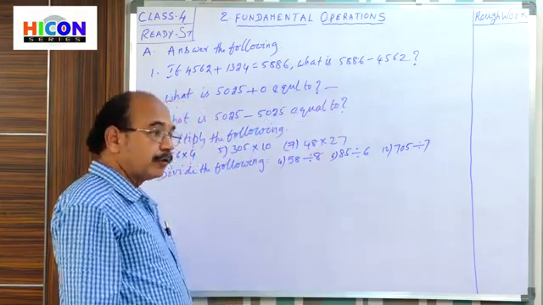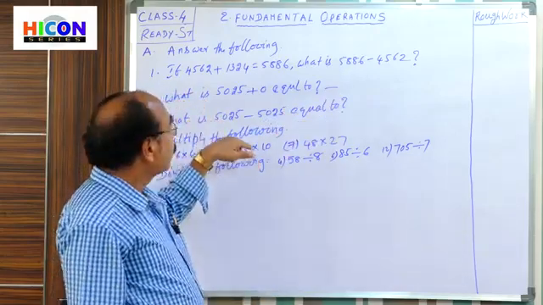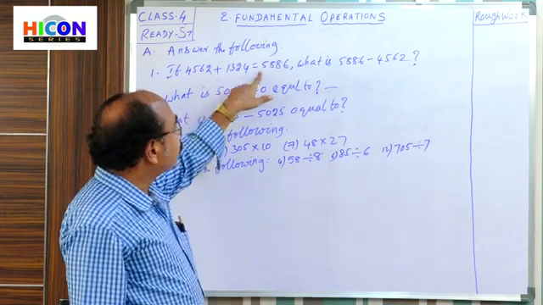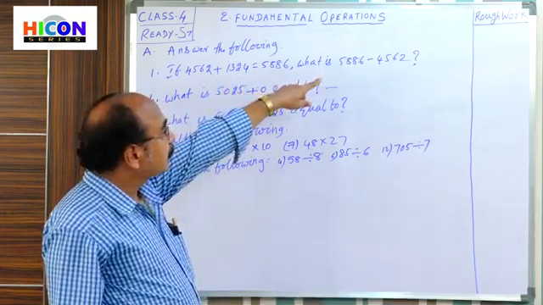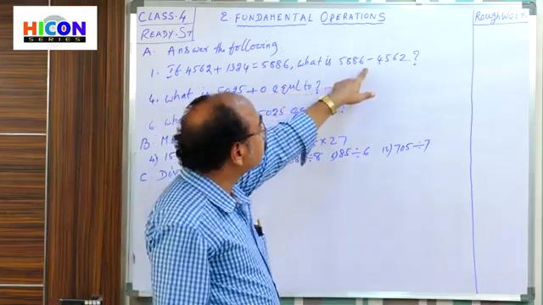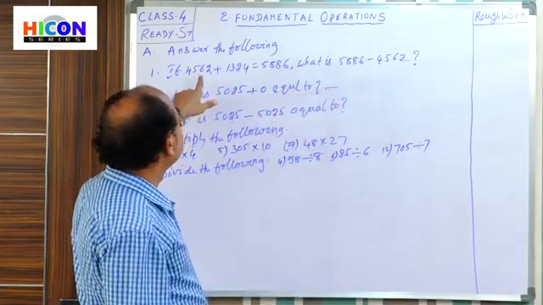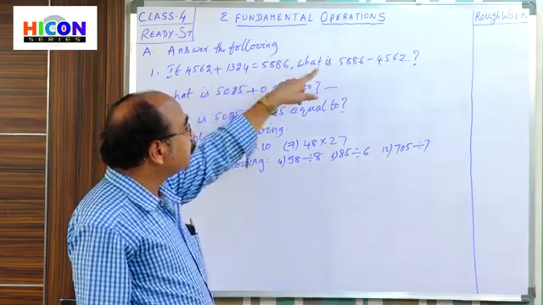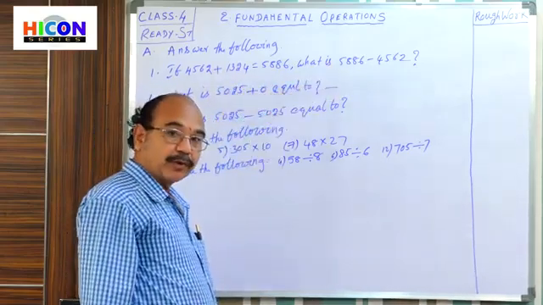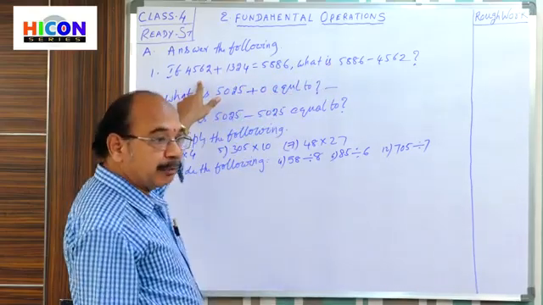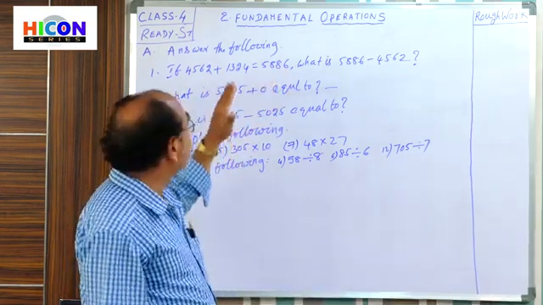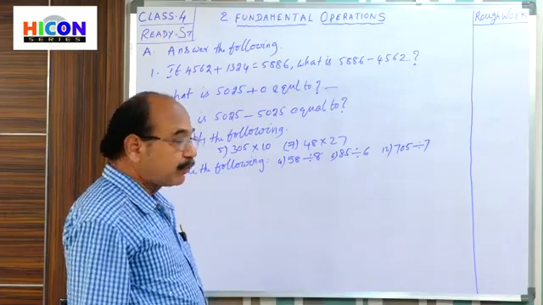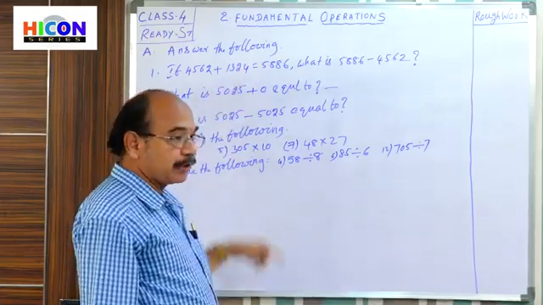That means here, the sum of the two numbers is 5,886. Now, in the question, from the sum of the two numbers, the first number is subtracted. If we subtract the first number from the sum of the two numbers, then what do we get? We get the second number. That means 1324 we get.